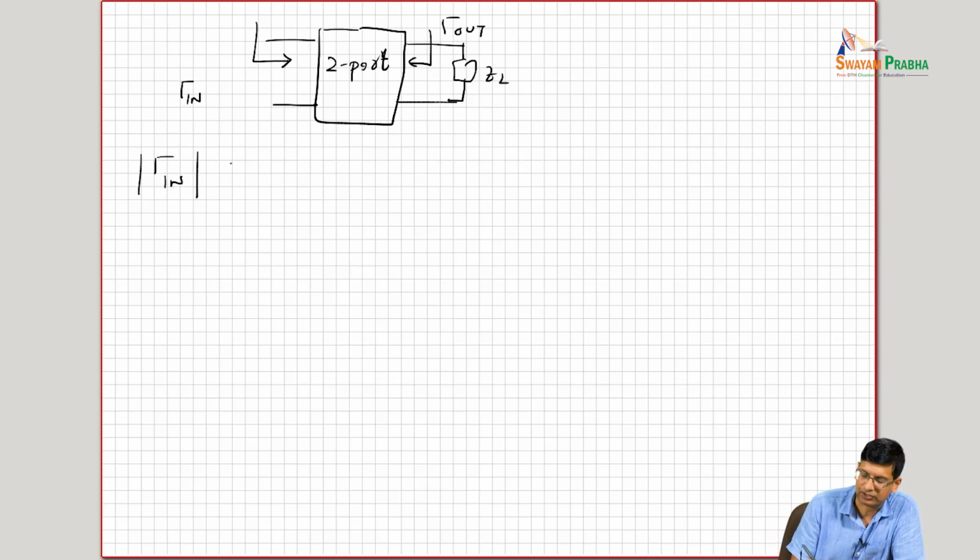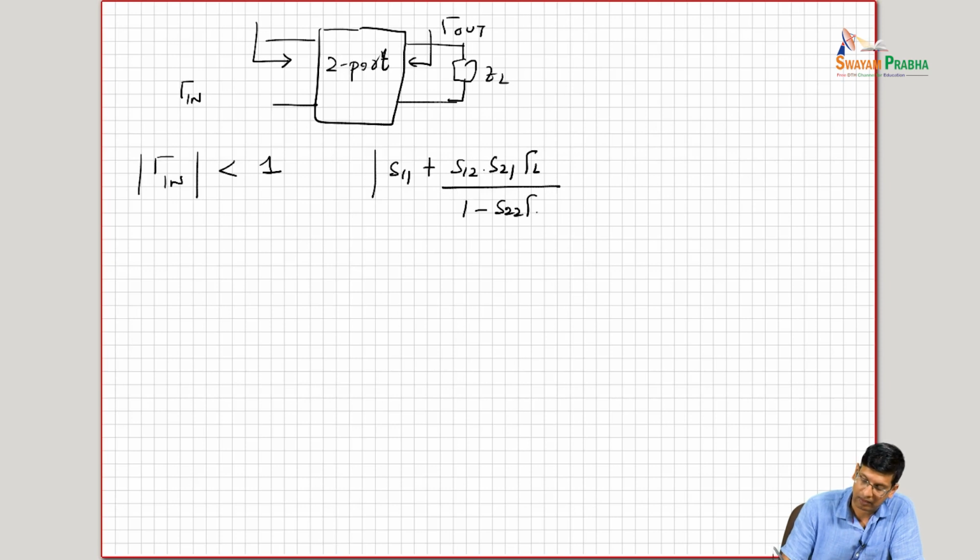Remember, my condition for unconditional stability is that the absolute value of gamma in is always less than 1. Or basically I'm saying that the absolute value of (S11 minus S12 S21 gamma L) divided by (1 minus S22 gamma L) is less than 1, right?